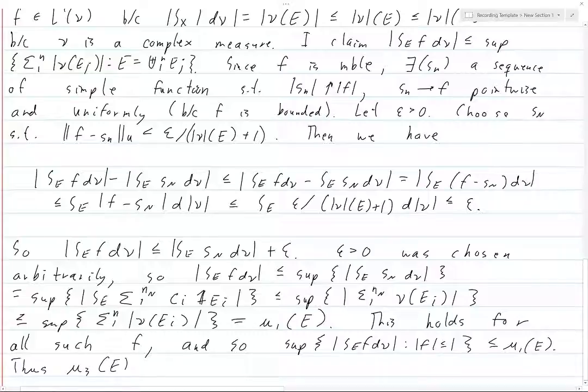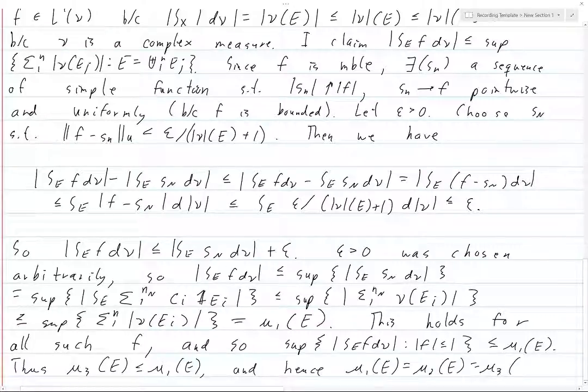So mu 3 of E is less than or equal to mu 1 of E, and hence mu 1 of E is equal to mu 2 of E is equal to mu 3 of E. And so that finishes part of the problem.